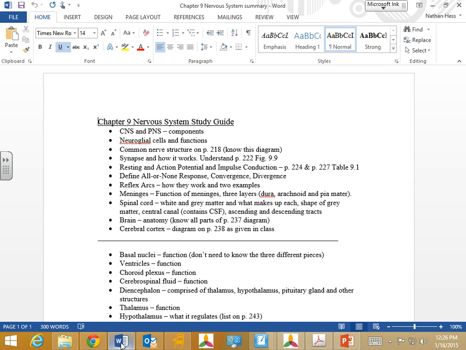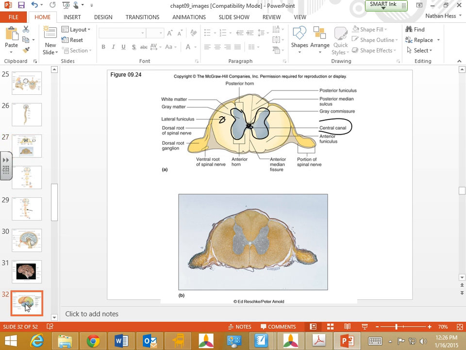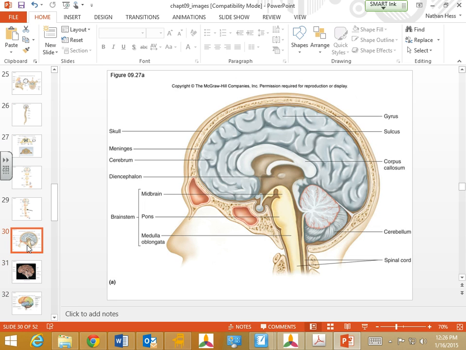Moving on, the brain anatomy is this diagram. Oops, wrong one. This one. And I think you're pretty comfortable as far as what that entails. Your skull on the outside, the cerebellum is the gray matter. Gyruses and sulcuses. You're comfortable with the difference between these guys?